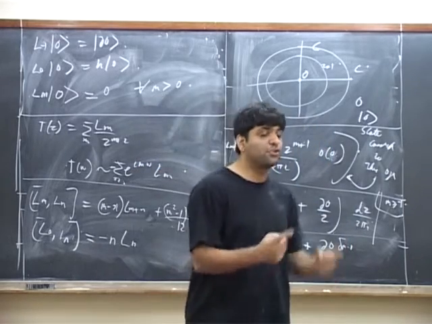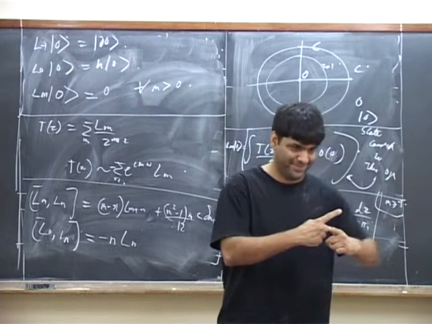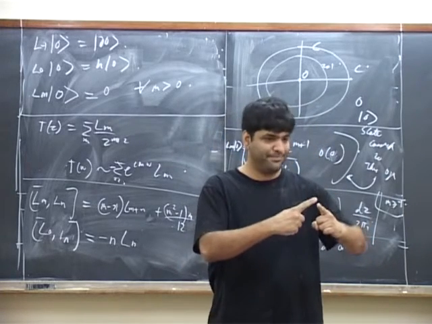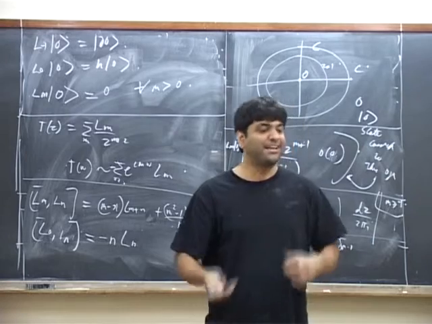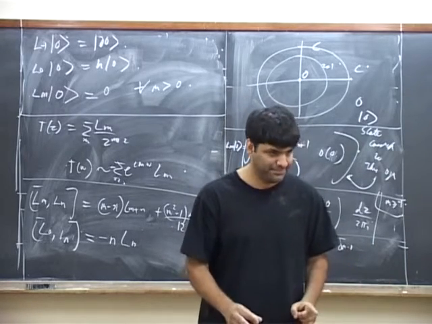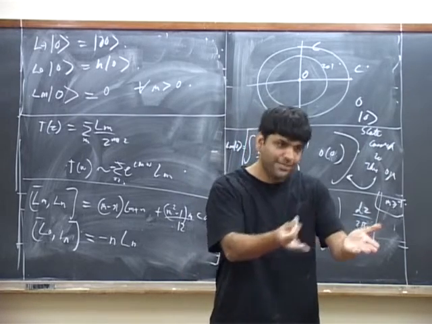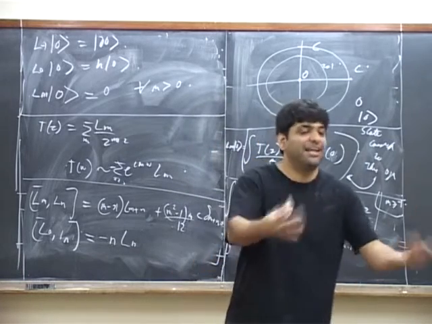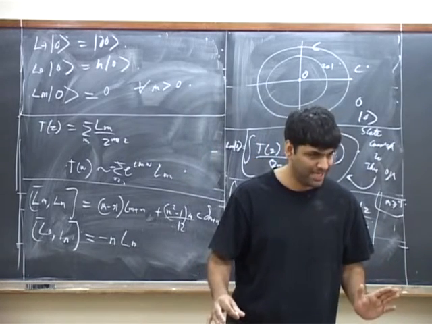We could take two primary states with different weights and take linear combinations of them. That would technically not be a primary state, and would still obey the condition that it is annihilated by positive operators.